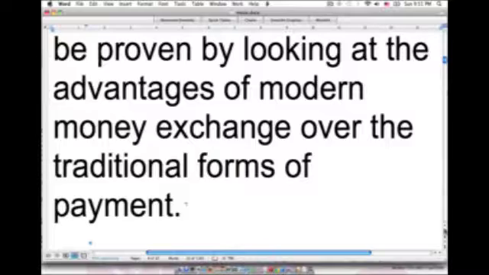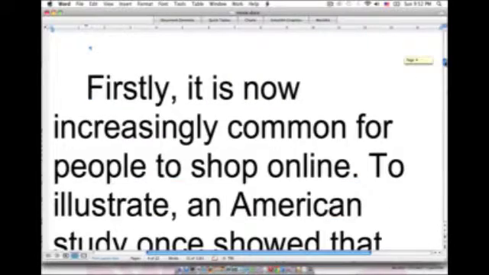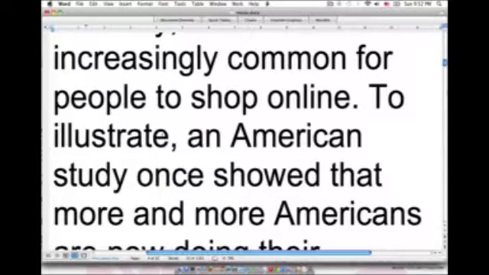The essay uses strong examples that are pulled from real life. So I think there was the mention of an American study. And the essay makes reference to the thesis regularly.